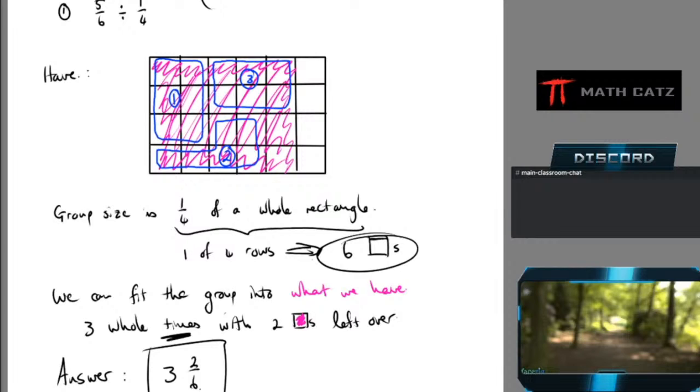Or you can rephrase it. How many groups of size 6 can fit into what I have? 3 groups completely can fit, and then another 2/6 of a group. So I do have some flexibility in terms of how I want to phrase it that makes the most sense for me.